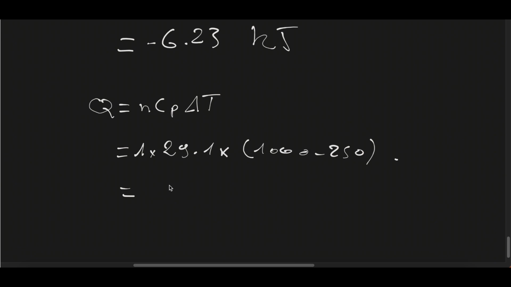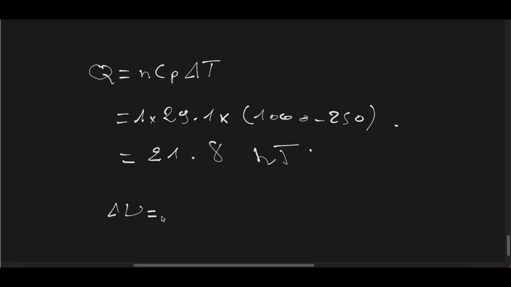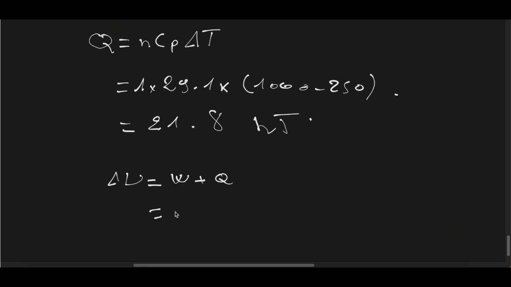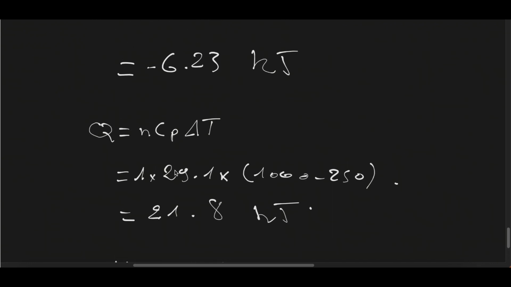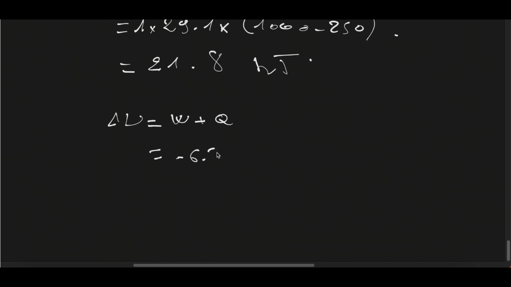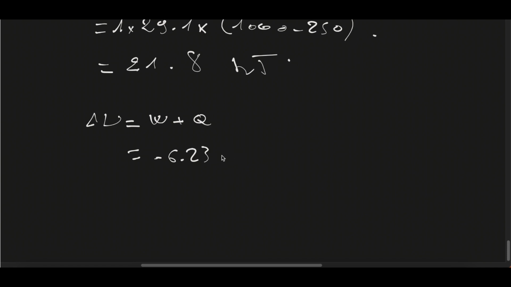And here we get a value of 21.8 kilojoules. And the change in internal energy is equal to the sum of work plus heat, which is minus 6.23 plus 21.8.